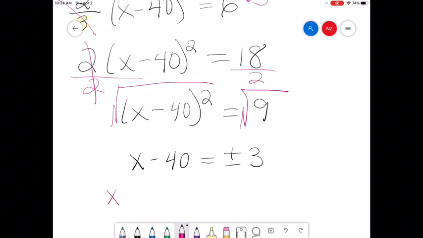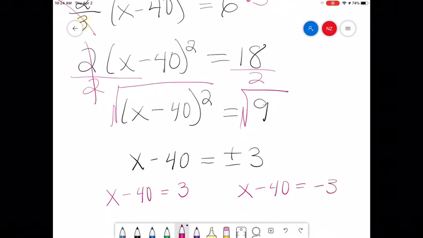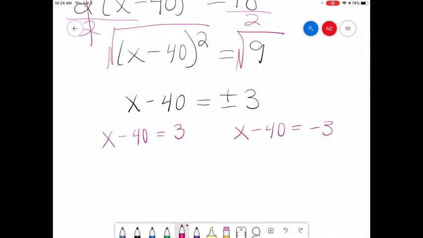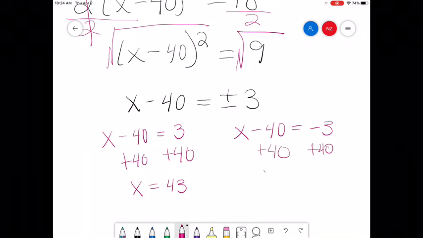The first one is going to be x minus 40 equals 3, and the second one's going to be x minus 40 equals negative 3, all right? When I do that, I'm going to add my 40, add 40, x equals 43, add 40, add 40. This time, x equals 37.